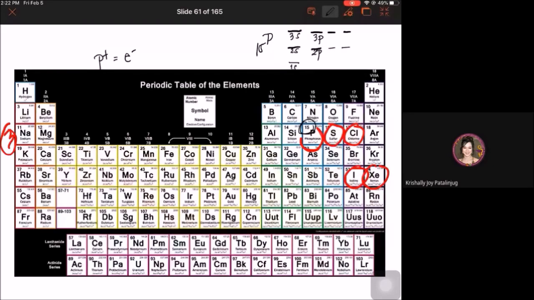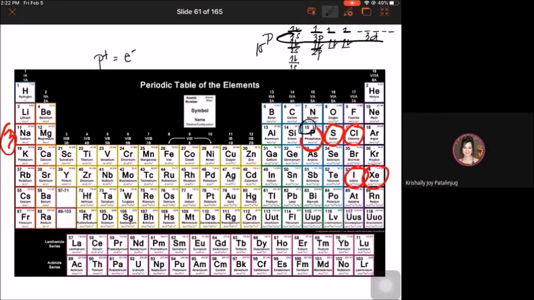Sige, fill up natin yung 15. 1, 2, 3, 4, 5, 6, 7, 8, 9, 10, 11, 12, 13, 14, and 15. Okay? Pero take note na pagdating sa third shell, meron na tayong 3d which has 5 orbitals. Di ba ang d sublevel merong 5 orbitals.